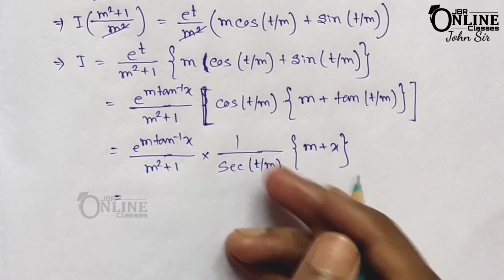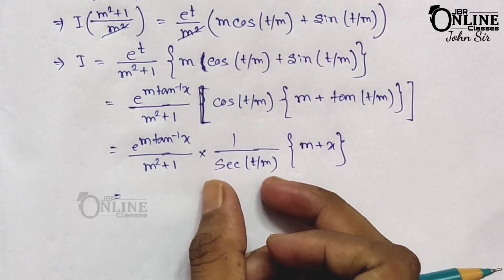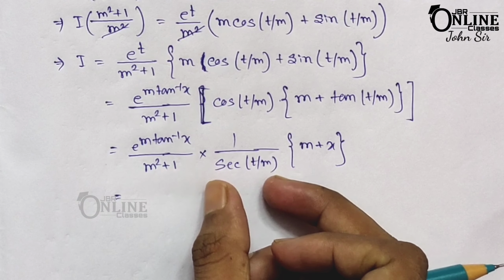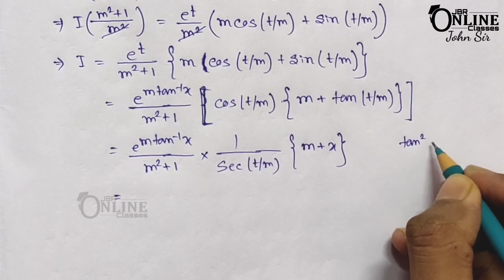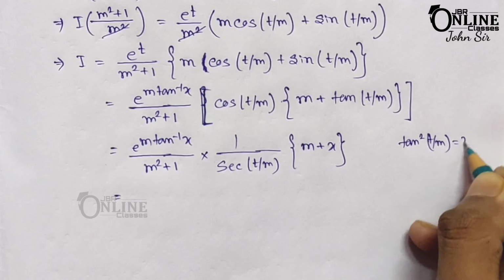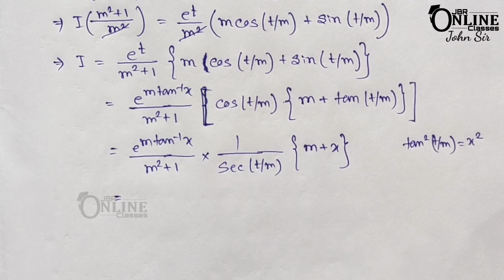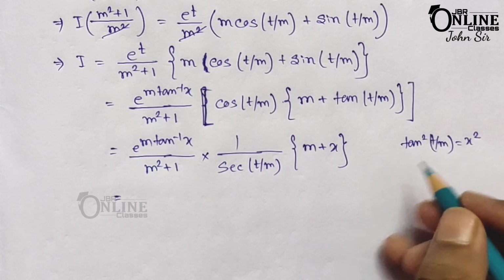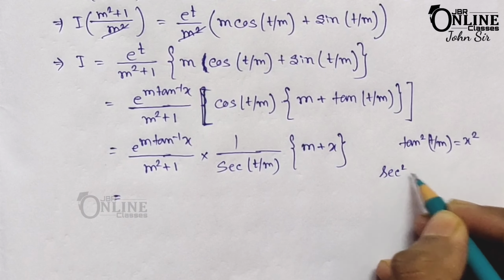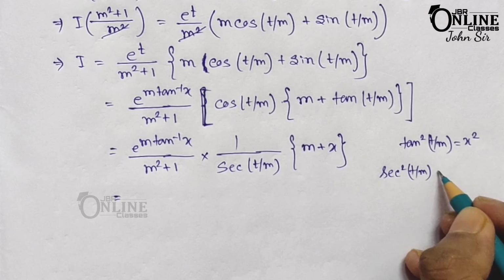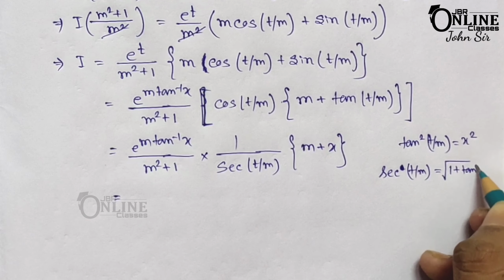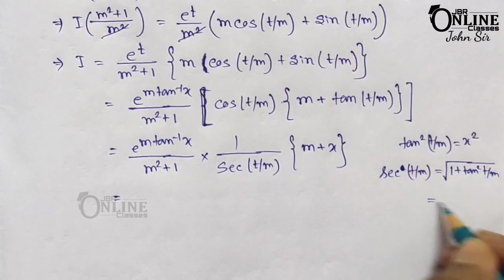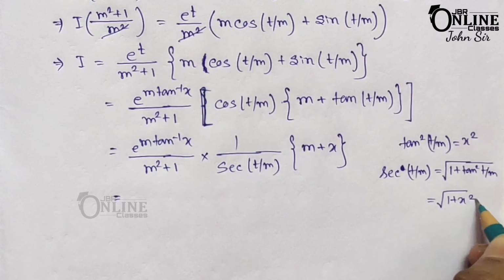Now the next one, here you have to just put down the value of sec t by m. So you know that tan t by m equals x. That means tan square t by m equals x square. Now sec square means 1 plus tan square. So sec square t by m will be 1 plus tan square t by m, that means this one will be 1 plus x square.